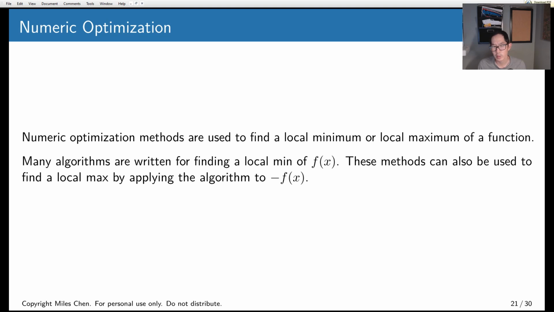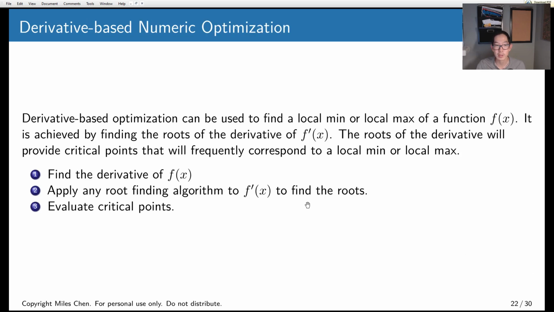Now, when we talk about numeric optimization, most of our algorithms are written to find local minimums, okay? And if you want to find a local max using the same algorithm, all you do is multiply your function by -1. And then you say, all right, I'm going to find the minimum of negative f of x, and that's going to be the equivalent to finding the max of f of x.